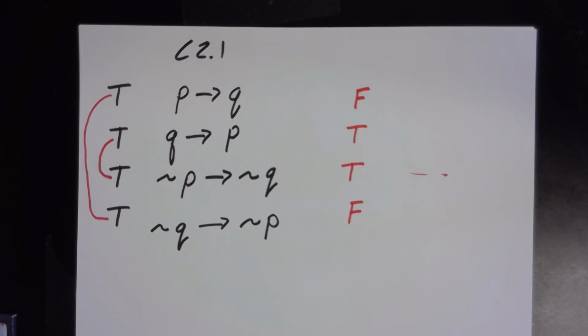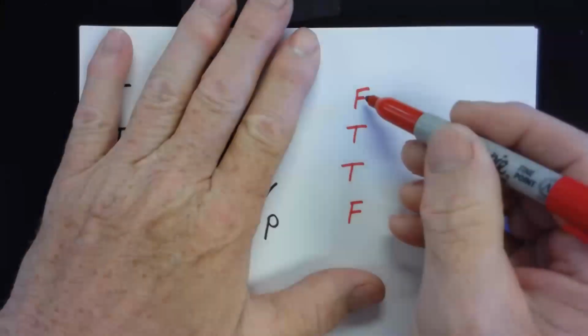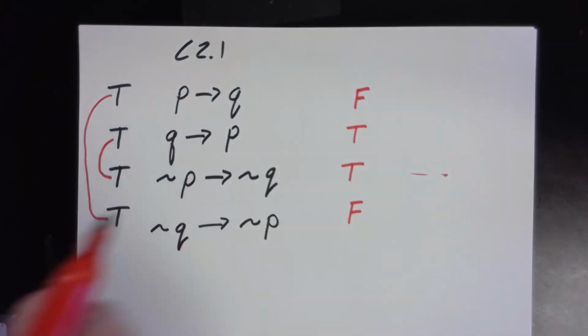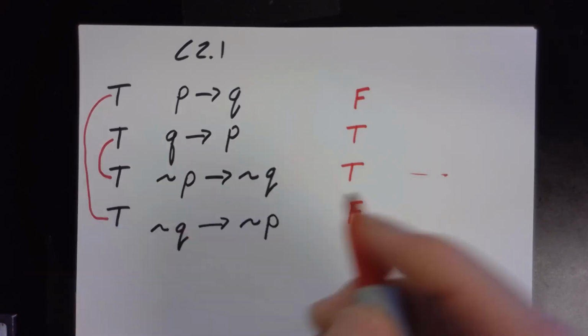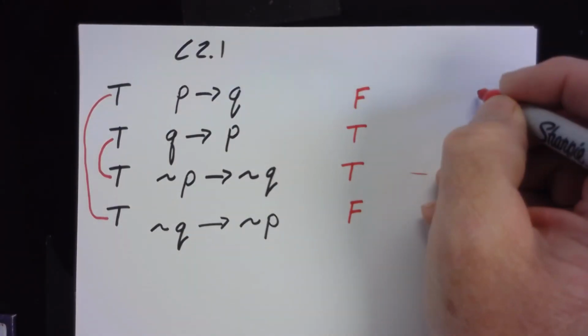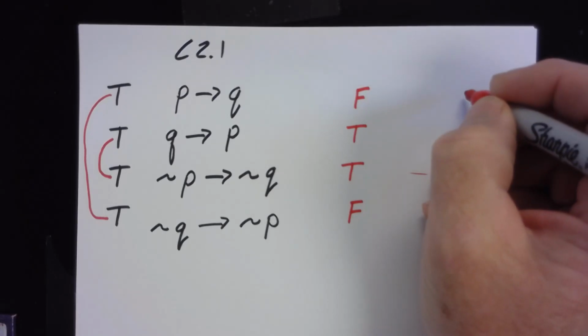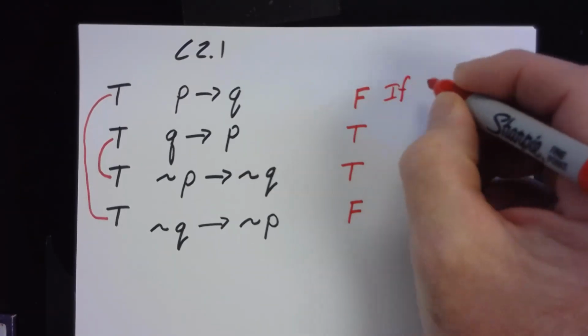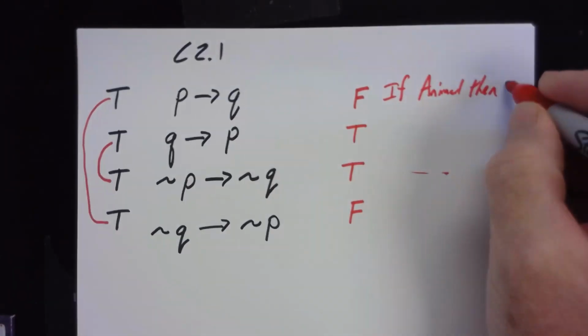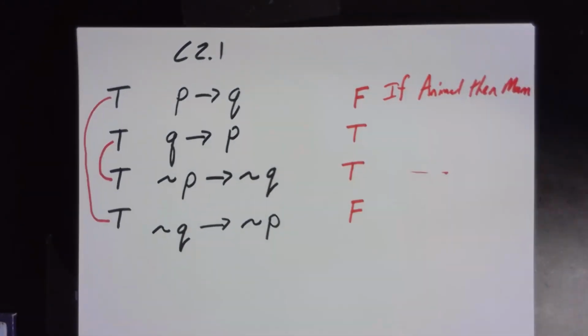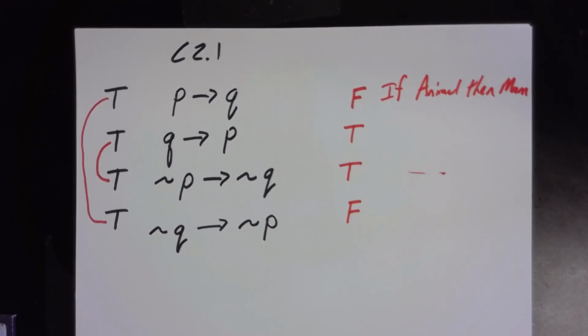Okay, did anybody come up with one that works here? I did, I'm pretty sure this is right: if you're an animal, then you're a mammal. That's false. So if animal, then mammal, I'll just abbreviate it like that. Definitely false. Can you think of a counterexample? Sure, there are lots of counterexamples.